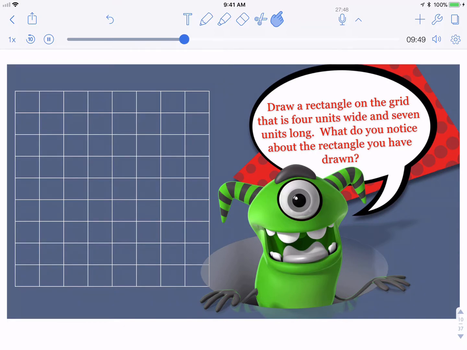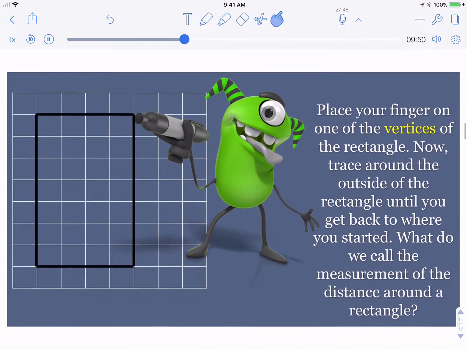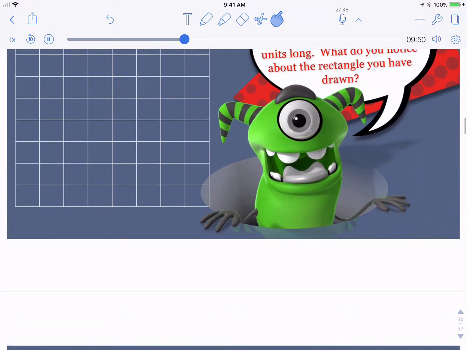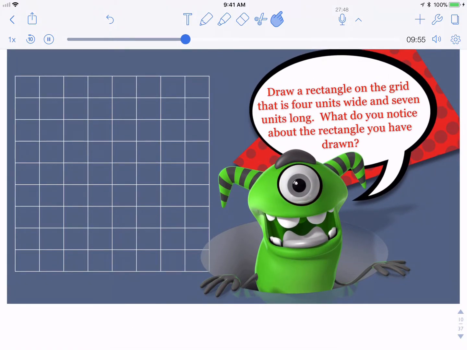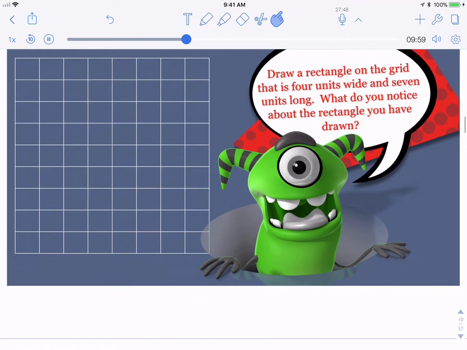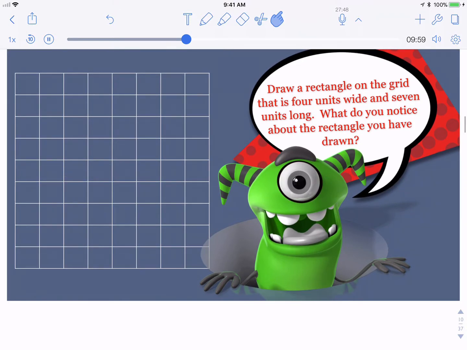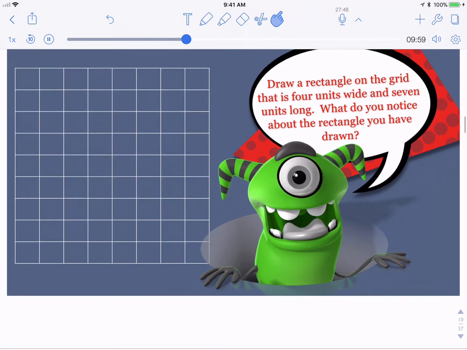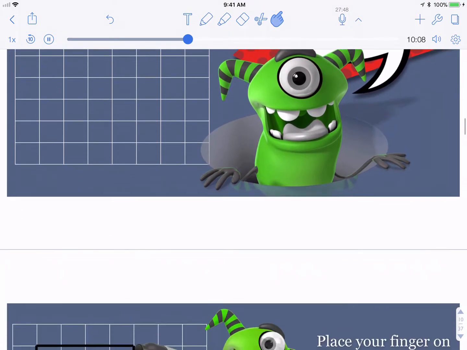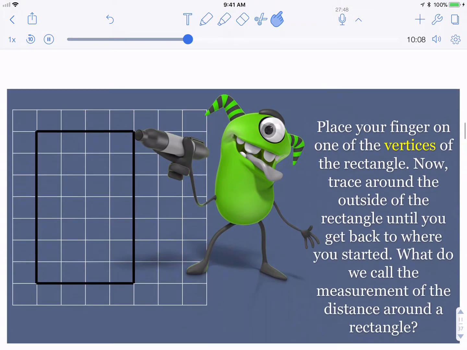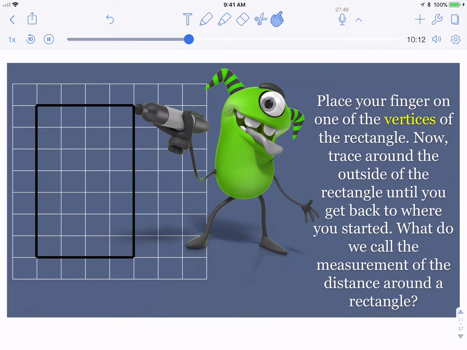Okay, what do you notice about the rectangle that you have drawn? What do you notice? Okay. Now, here's my rectangle.